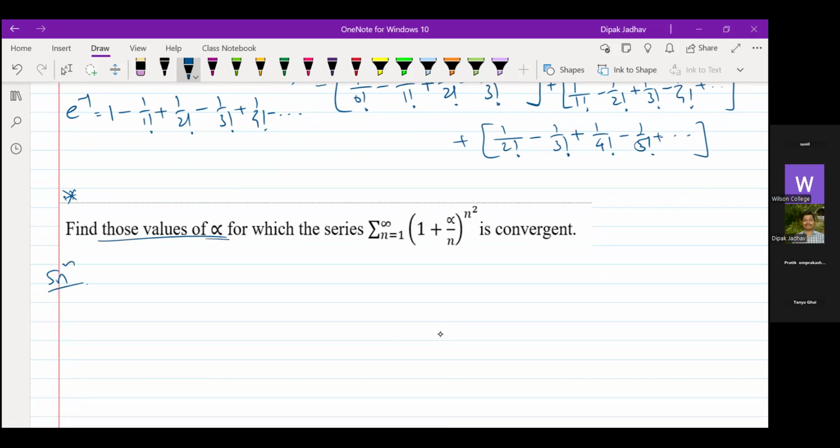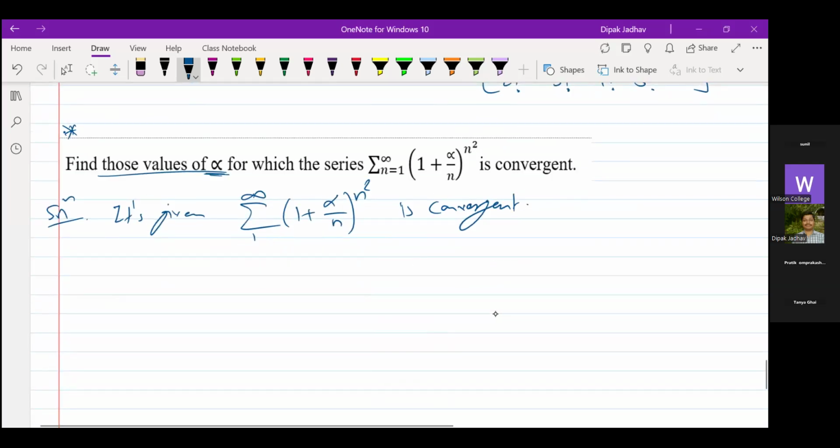Find those values of alpha for which the given series is convergent. So it's given: summation 1 to infinity of (1 plus alpha by n) whole raised to n square is convergent. That's given. So we want to find the values of alpha for which it is convergent.